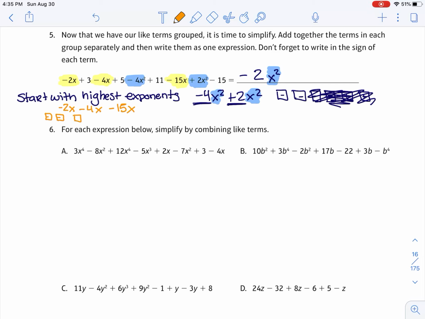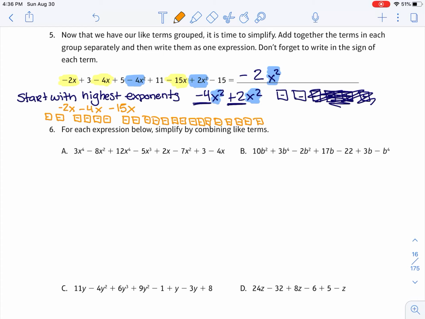So I have negative 2, 1, 2, 3, 4. I have negative 4, and then I have negative 15. 2, 3, 4, 5, 6, 7, 8, 9, 10, 11, 12, 13, 14, 15.